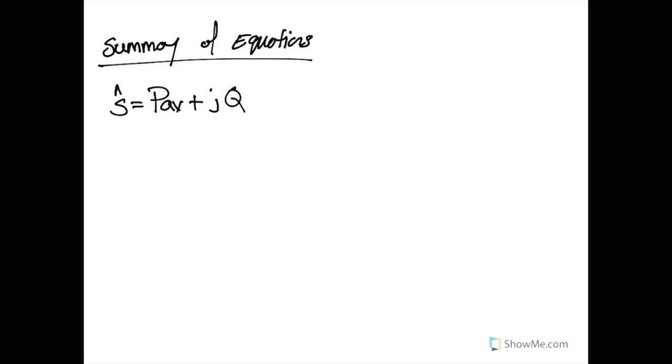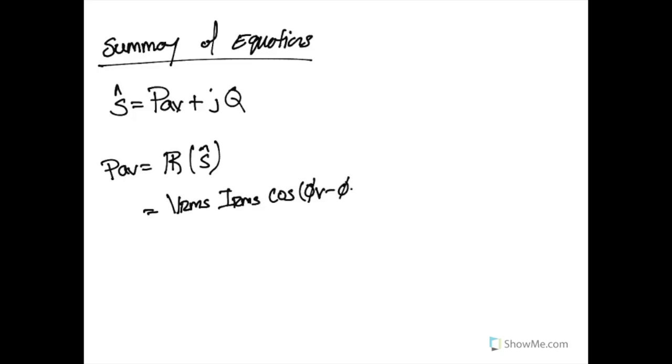Our real power, our average power, is going to be the real component of the complex power, which is equal to VRMS IRMS cosine of the voltage phase minus the current phase, which is the same thing as IRMS squared times R. And when we talk about power factor, that is also represented as phi z.